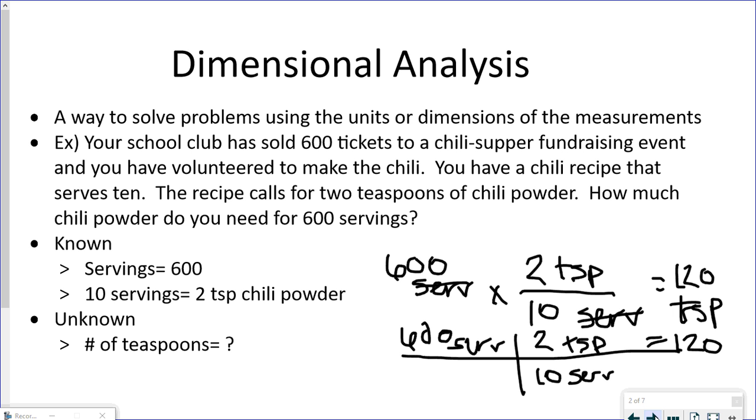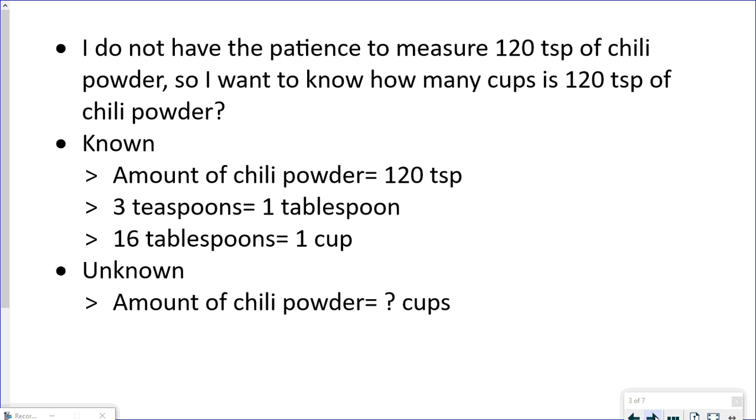Now let's look at our next example. Still dealing with the chili because I'm not patient enough to measure out 120 teaspoons of chili powder. I'd probably lose count. So it's going to be easier for me to measure this in maybe a cup or a pint, something of that form. So I want to know how many cups of chili powder I would need to actually measure out because that's going to be easier for me.